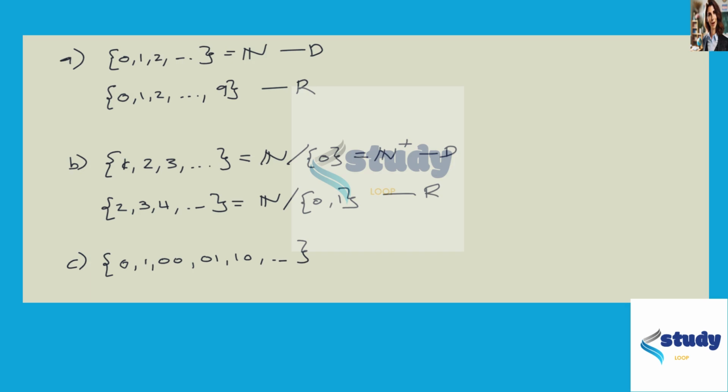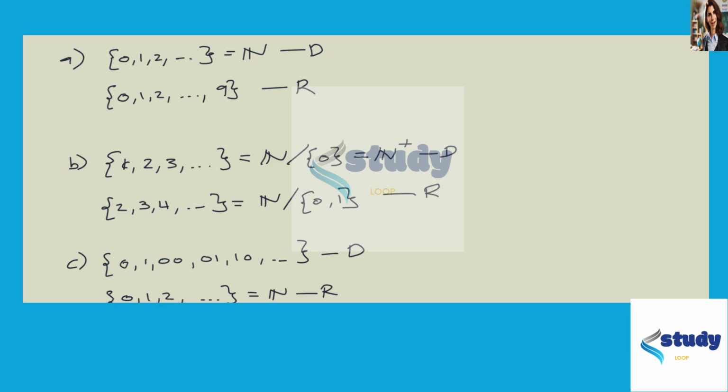And it assigns the bit string the number of 1 bits. So it just counts the number of 1s in the string. So it'll be 0, 1, 2, and so on. So these are your natural numbers. And this is your range, and this is your domain.